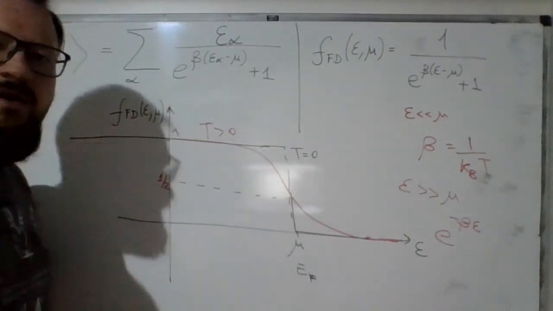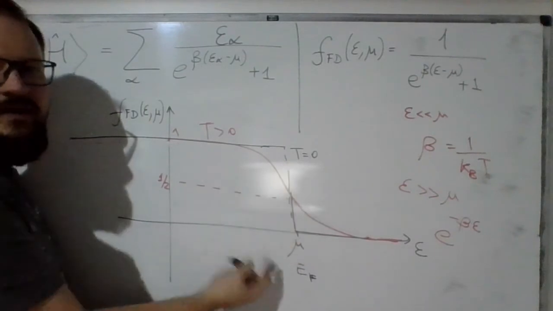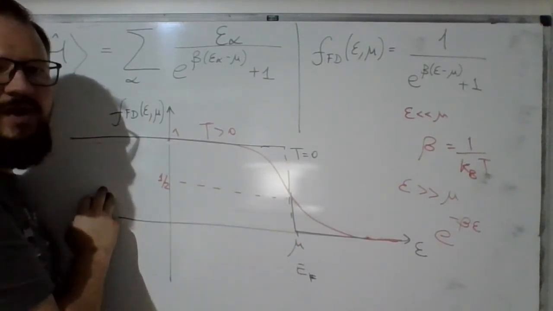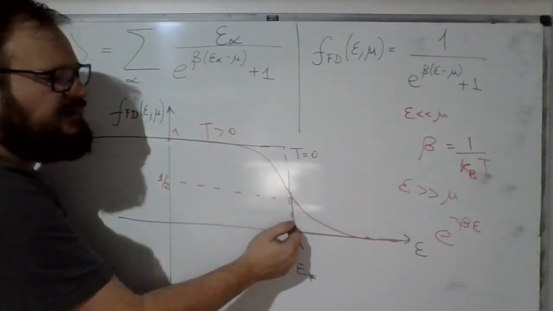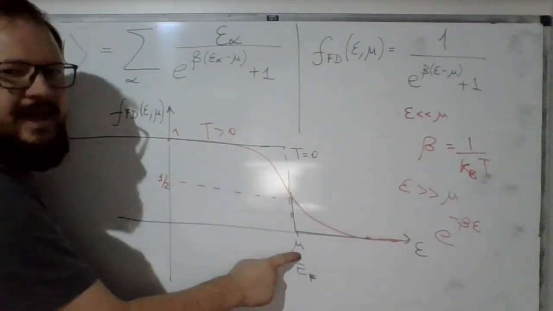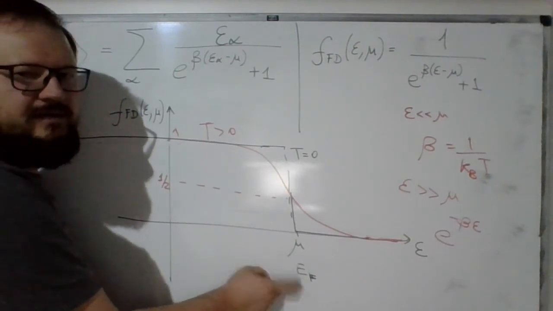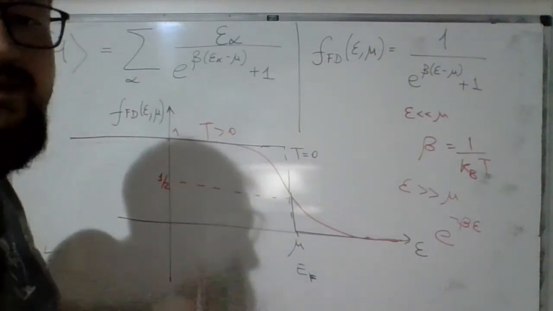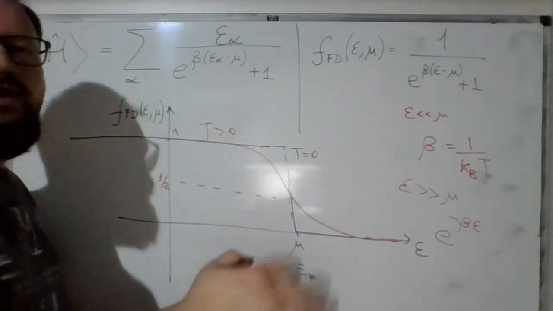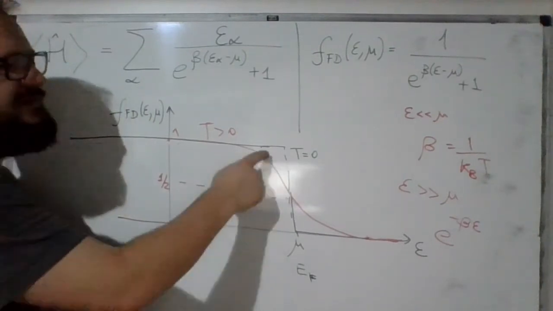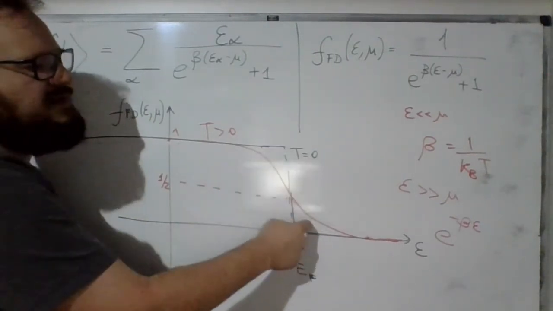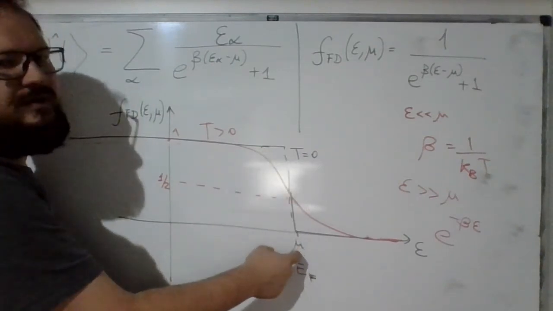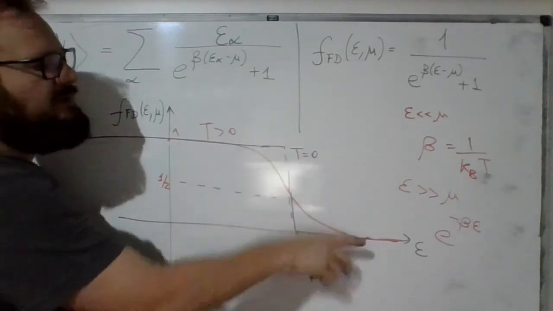So for all the energies below the chemical potential, you have states which are occupied by one fermion, and for all the energies above the chemical potential or the Fermi level, you have all the states unoccupied at T equal to 0. But if you increase the temperature, some of the fermions can have energies higher than the chemical potential, and they are removed from here.